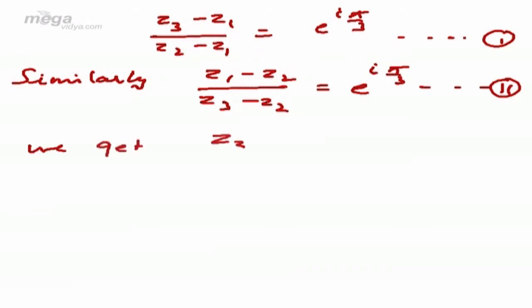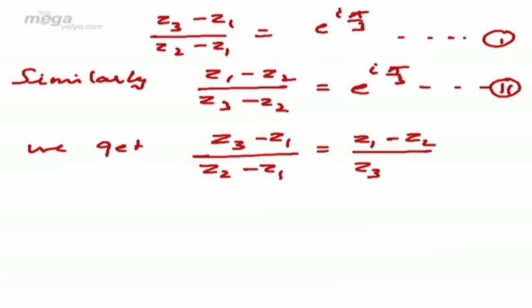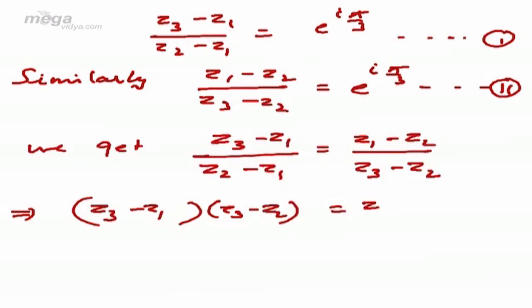We get Z3 minus Z1 divided by Z2 minus Z1 is equal to Z1 minus Z2 divided by Z3 minus Z2. So Z3 minus Z1 into Z3 minus Z2 is equal to Z1 minus Z2 into Z2 minus Z1.